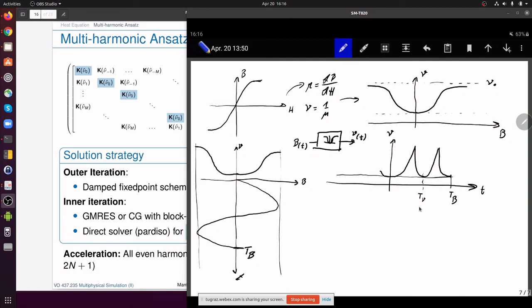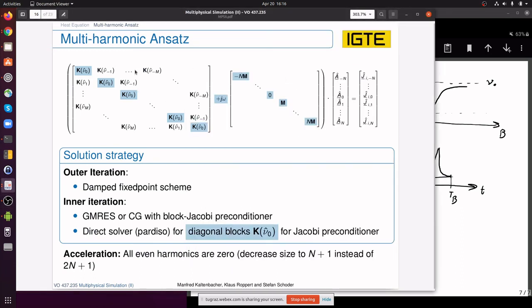If we perform a Fourier expansion of this even function, we only get odd harmonics, and the even harmonics are 0. So we can skip all even harmonics, so nu minus 2, nu minus 4, and also the transposed values nu 2, nu 4, and therefore we can decrease the size of the system dramatically.